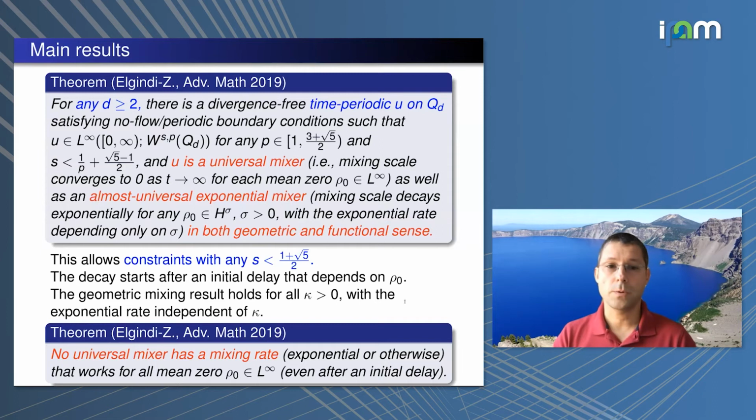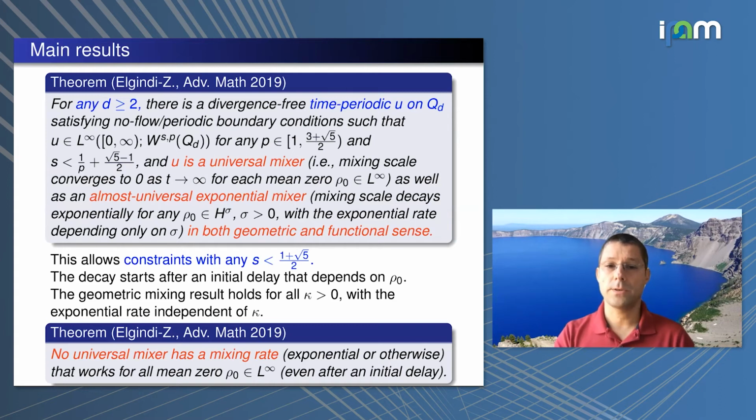Again, this is joint work with Tarek. So for any dimension greater or equal to 2, there is indeed a universal mixer that satisfies a constraint from the previous slide. It's a flow that's time periodic. You can construct it both on the torus and on the cube, the d-dimensional cube.